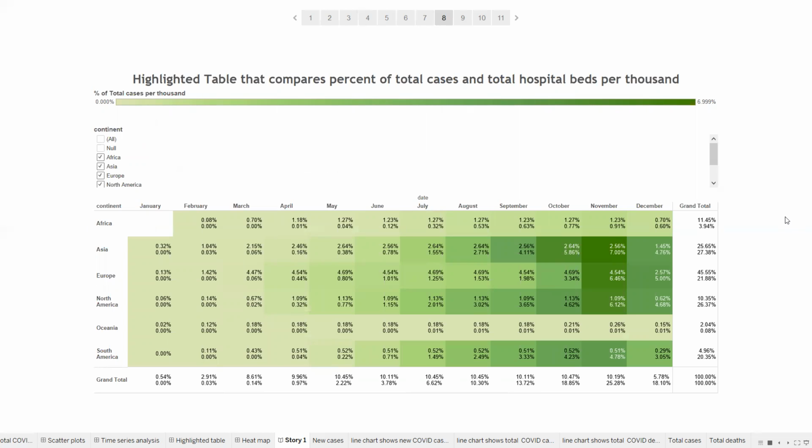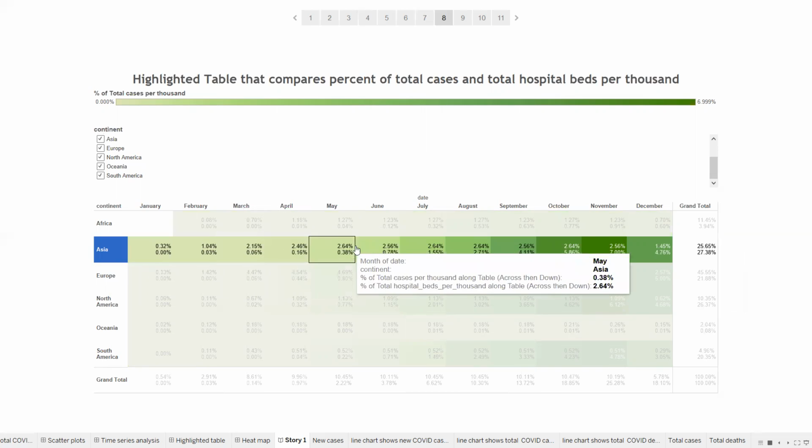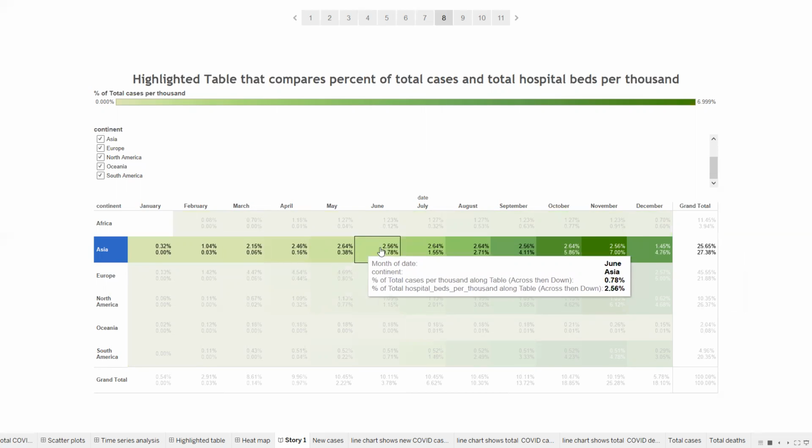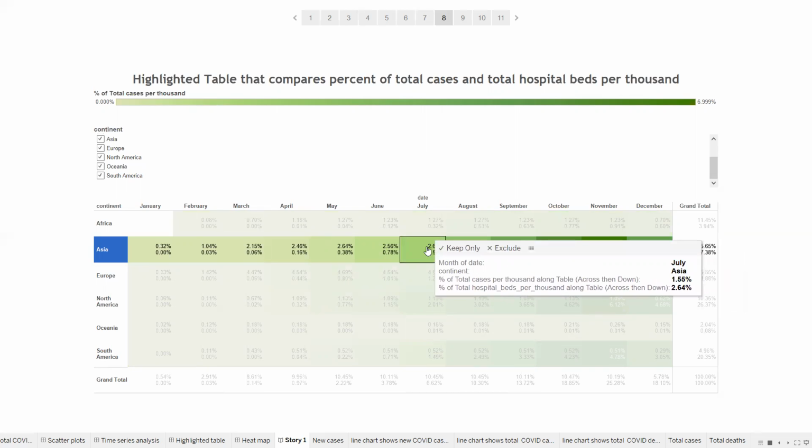Now here we're gonna see the highlighted table that compares the percentage of total COVID cases and total hospital beds per thousand. So let's say for Asia, we can clearly see that from January to July, the percentage of total COVID cases per thousand is below the percentage of total hospital beds per thousand.